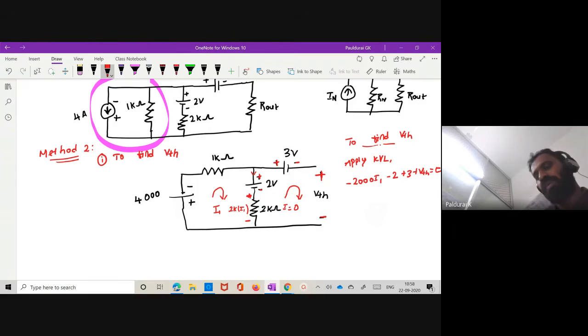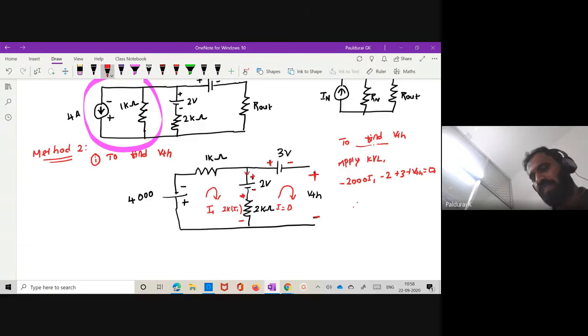Okay, I want to calculate VTH. Therefore, what is VTH equal to? Bring all these remaining terms to the right hand side. So what will you get? 2000 times I1 plus 2 minus 3. So 2000 times I1 minus 1. This is my VTH.